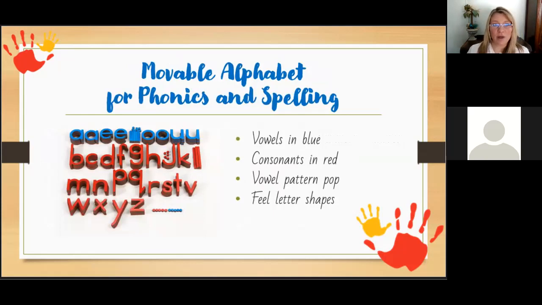Okay, so the movable alphabet for phonics and spelling. You've seen this in our presentations before, but this is truly an awesome material. Not only are they going to see the vowel patterns pop because of that color coding for the vowels and consonants, but with the movable alphabet for the tactile learner, it is just a superior material for another reason, and that is that they are getting to actually feel the letter shape.